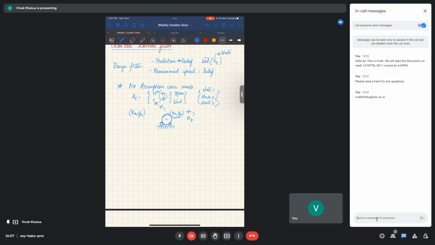In order to have that, we need to make an assumption. The first assumption that we make directly leads us to a Gaussian filter. The first assumption is that our belief is Gaussian.